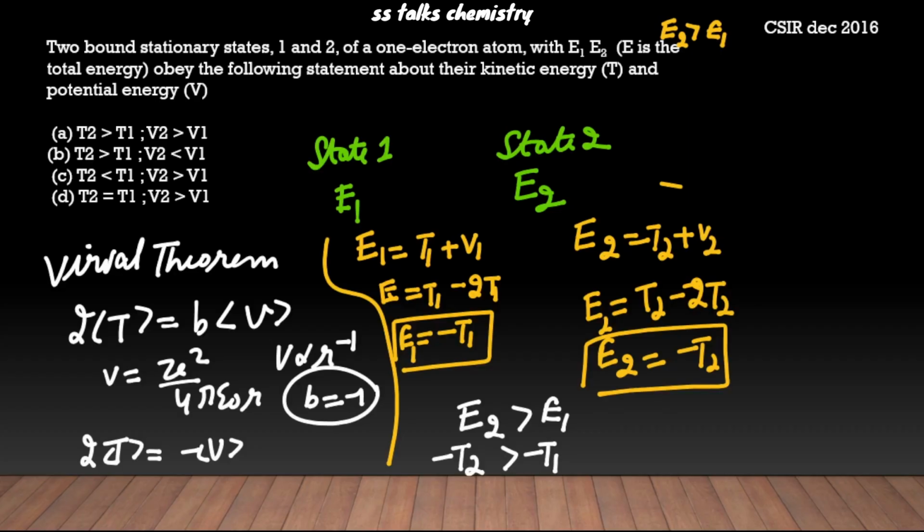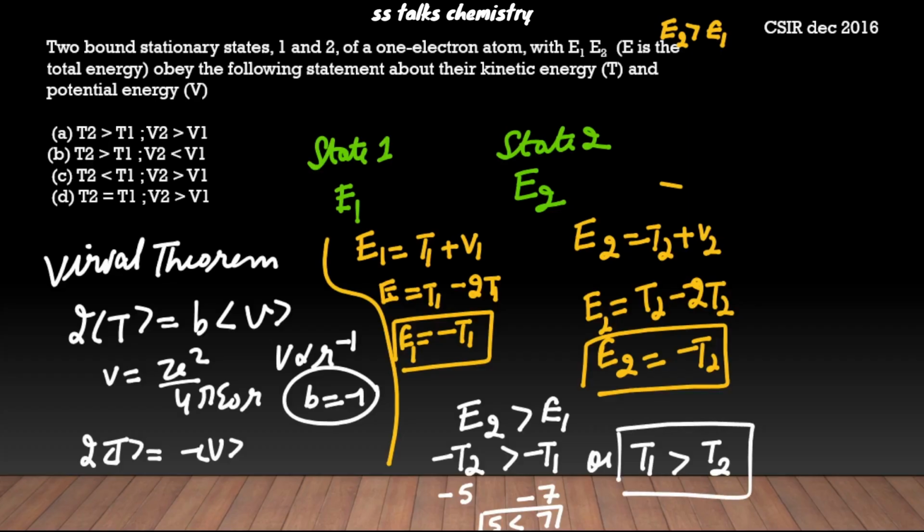Because here the negative sign is placed, the T1 value that you will be having is going to be more as compared to T2. Suppose you are having minus 5 and here minus 7. Minus 5 is more than minus 7, and we know that 7 is more as compared to 5. So this concept is used over here. So the relationship between the kinetic energies of the two states is T1 is greater than T2.